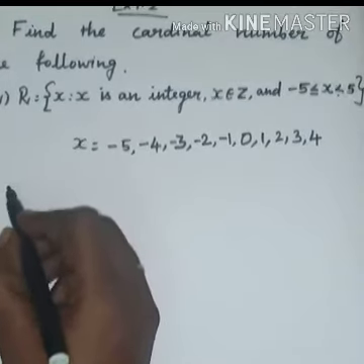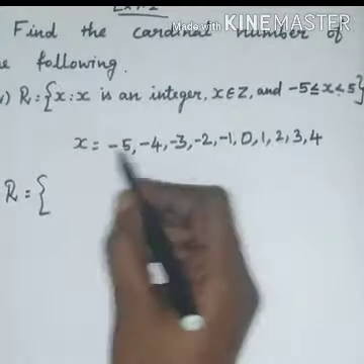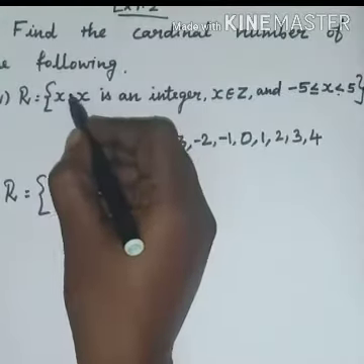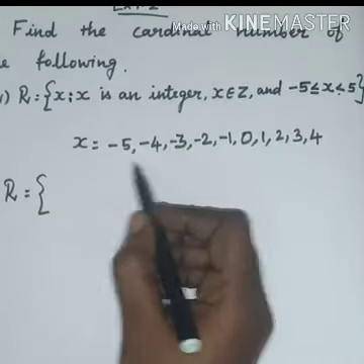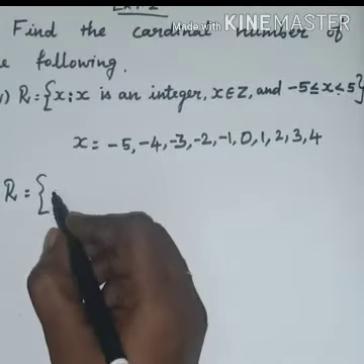Now, the set capital R is equal to, what are the elements? Here x only is given, x such that. So we have to write the elements of x here. What are the values?